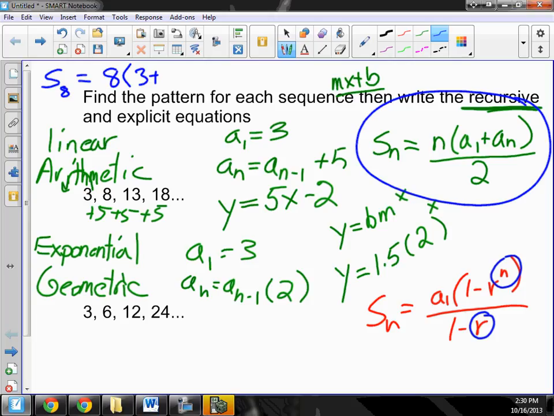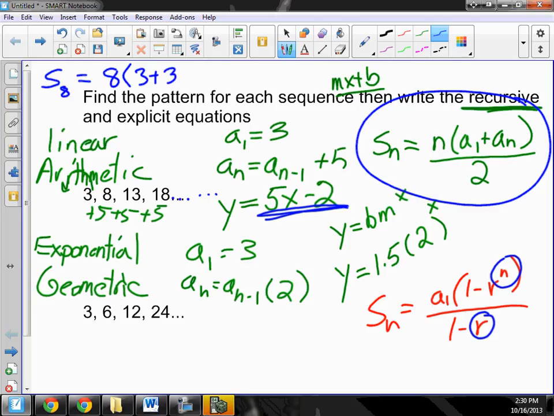I don't know, right? This pattern just continues. How am I going to figure out the 8th term? I could use the recursive, right? I could just do plus 5, plus 5, plus 5, but that's annoying. Don't want to do that. So Chad says we use the explicit. How do I get the 8th term with the explicit formula? Just plug in 8. 5 times 8 is 40, minus 2 is 38.